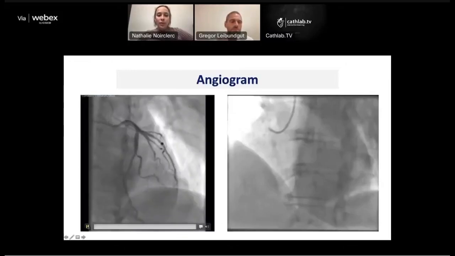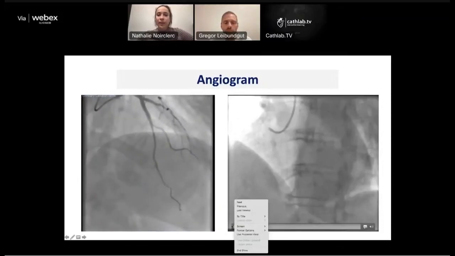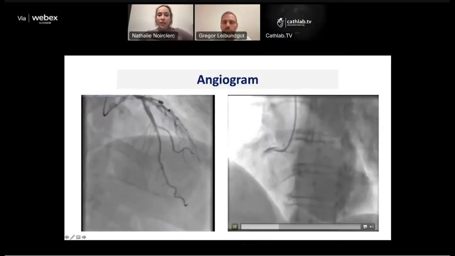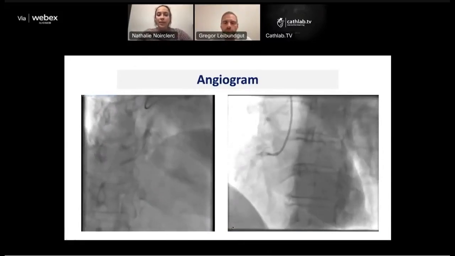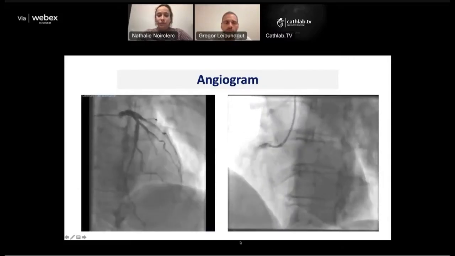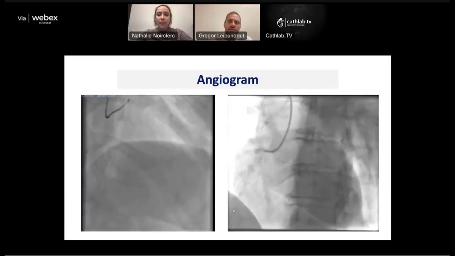On the left network, there is nothing significant. And you can see the other video that shows the acute occlusion of the RCA. So here it's basically a STEMI. You can move to the next slide. Did the patient have ST elevation?